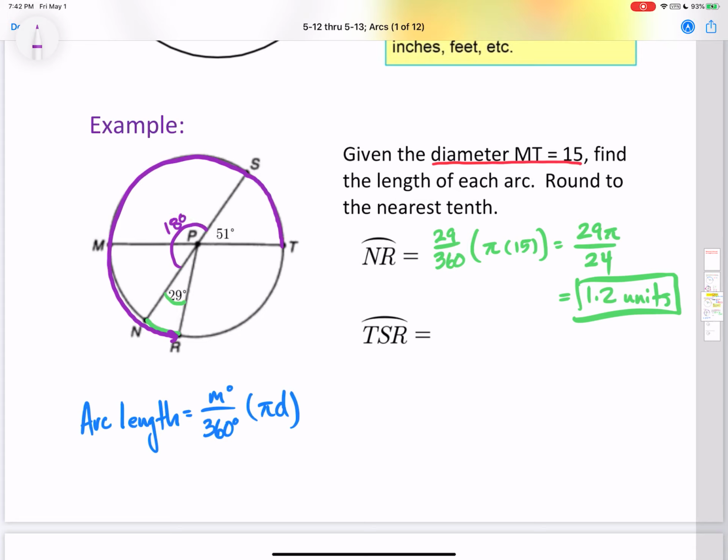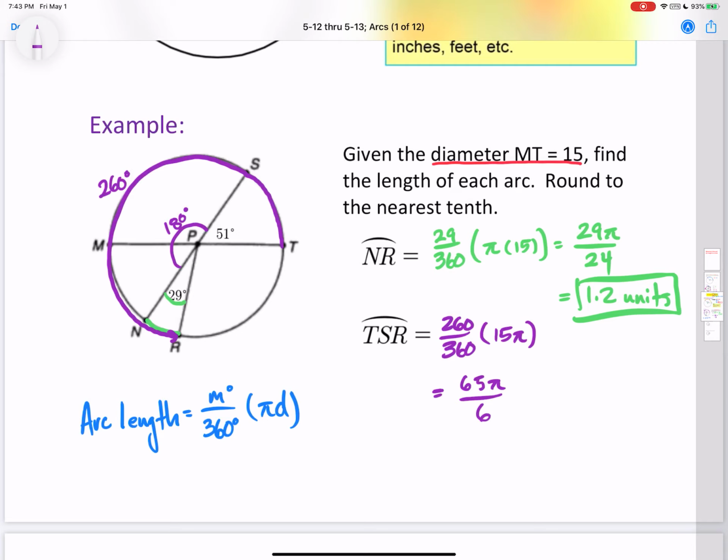So I can add 180 with the 51 and the 29, and that's going to give me 260 degrees. Okay, so what we have here is 260 degrees. For TSR, I'm going to substitute that in as my angle measurement, so 260 over 360. And then we can multiply it by our diameter, so that's just pi times 15, or we could say 15 pi. And if you did the math here, it ends up being 65 pi over 6.